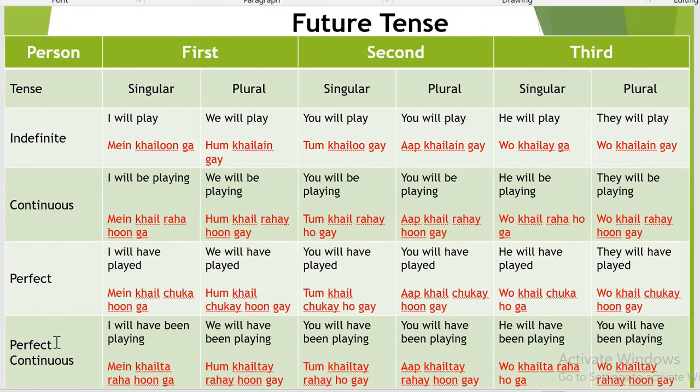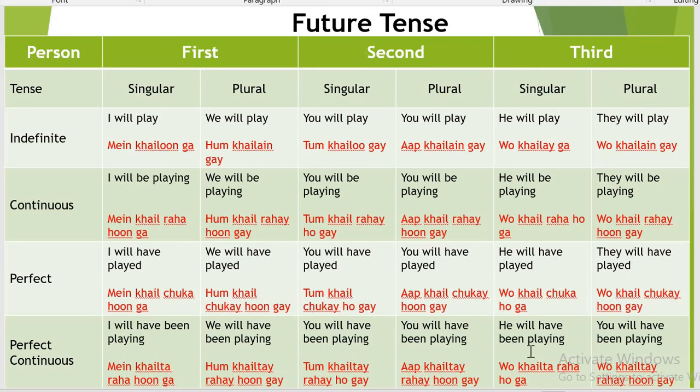Now the last part is perfect continuous. I will have been playing. मैं खेलता रहा हूँगा. We will have been playing. हम खेलते रहे होंगे. You will have been playing. तुम खेलते रहे होगे. And for plural, आप खेलते रहे होंगे.